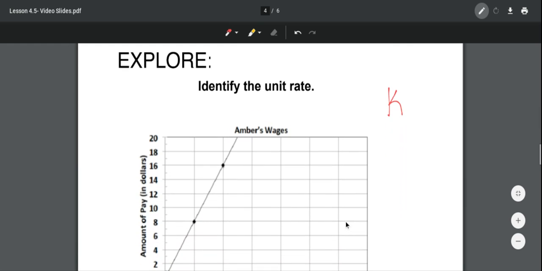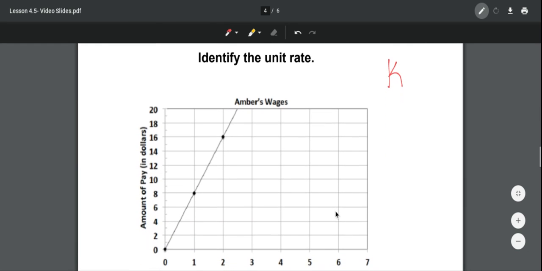I like to think of m as the slope of a mountain, how steep that mountain is. So let's determine our unit rate by finding our constant of proportionality.